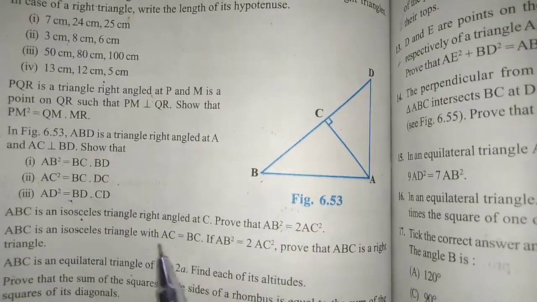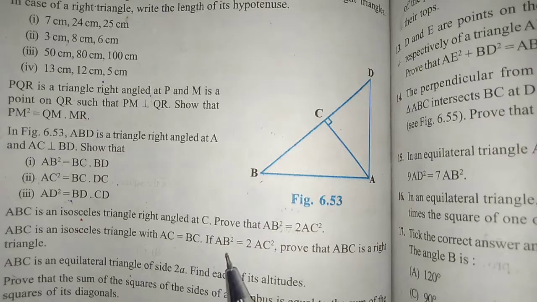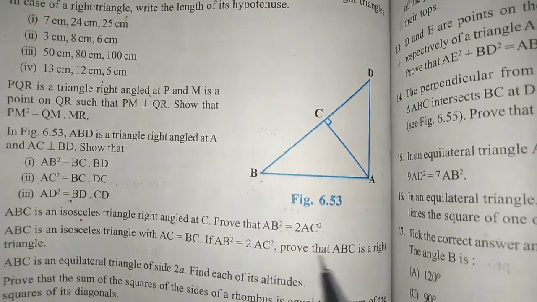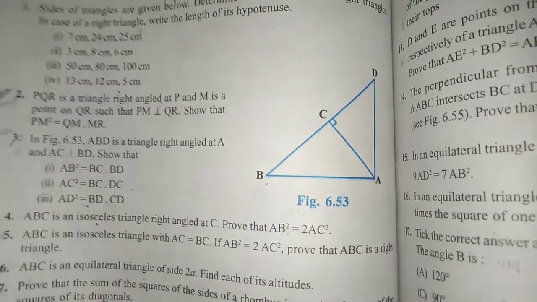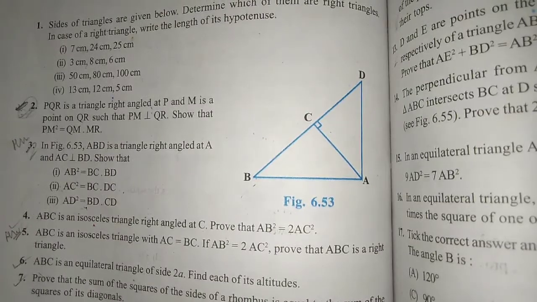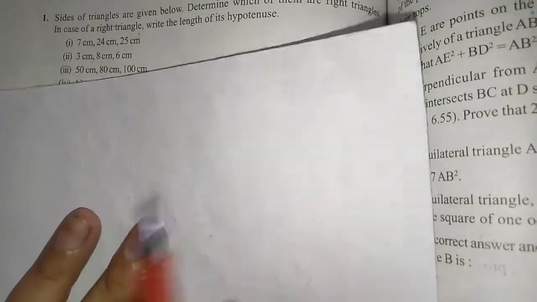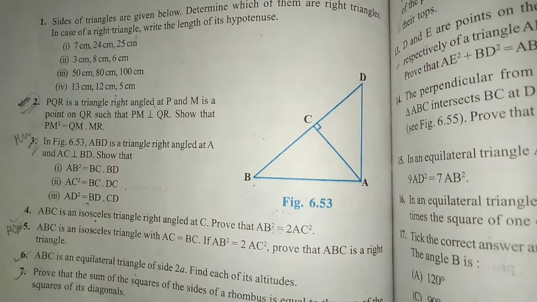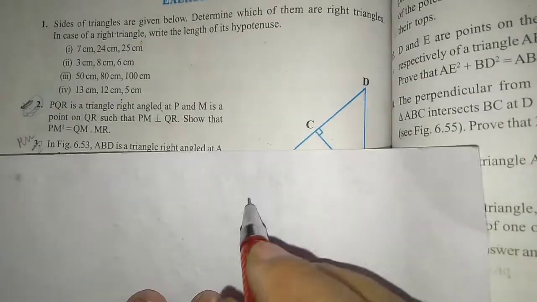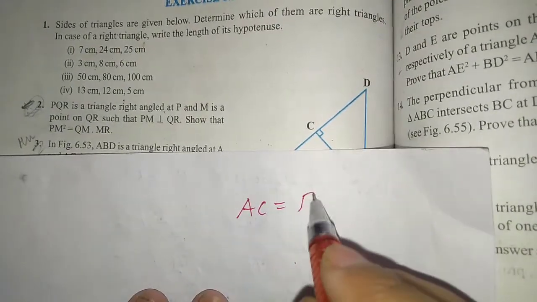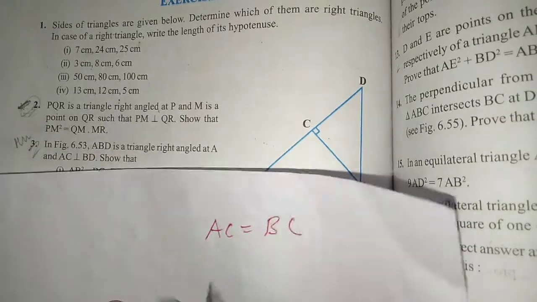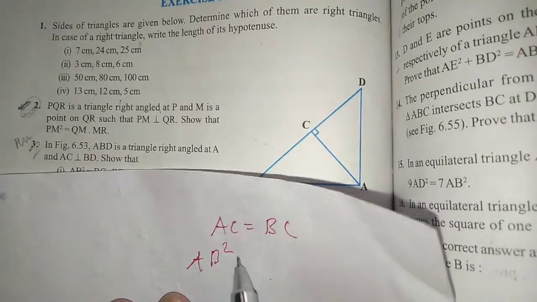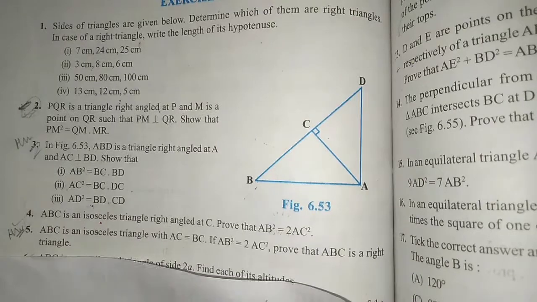ABC is an isosceles triangle with AC equal to BC. If AB square is equal to 2AC square, then we have to prove that ABC is a right triangle. So we are given that AC is equal to BC, and also given AB square is equal to twice AC square.